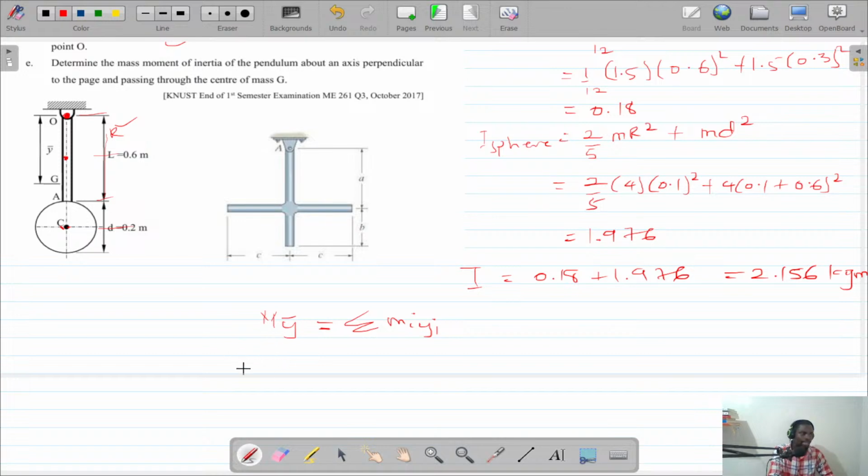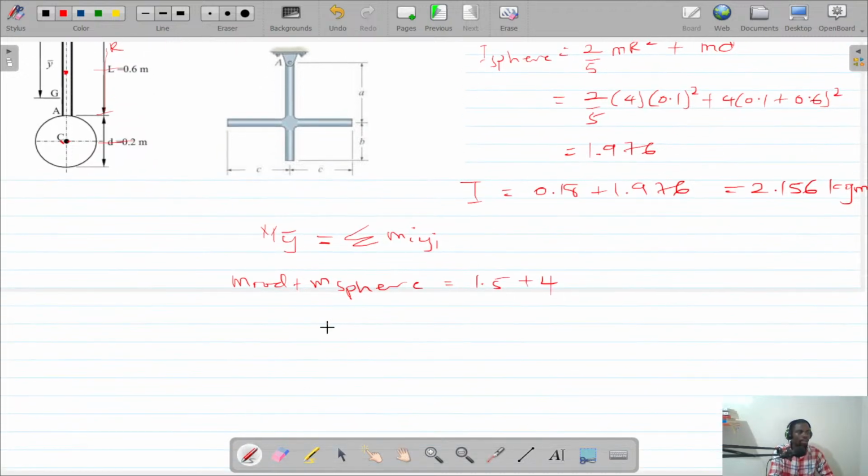So total mass is mass of rod plus mass of sphere, which is equal to 1.5 plus 4. Now M1Y1, which is to say the mass of the rod times the distance from its center to O. So mass is 1.5 and the distance from its center to O is 0.3.